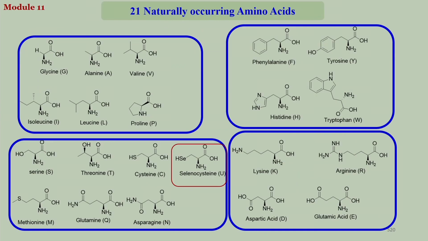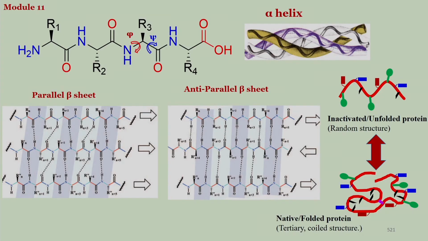Then after the DNA, we have talked about the amino acids. We have seen all the naturally occurring amino acids, their structures, their variations, as we have talked about many times I think. And we have seen how once you have the sequence of a protein or a peptide, you call it the primary structure.